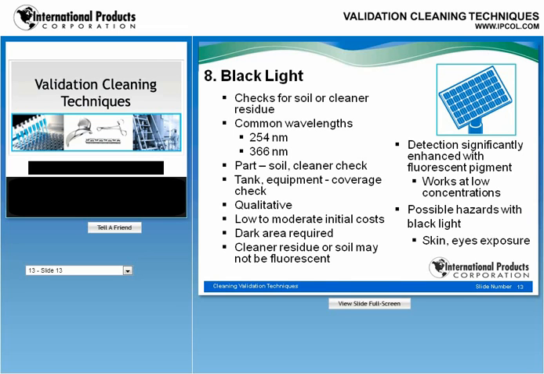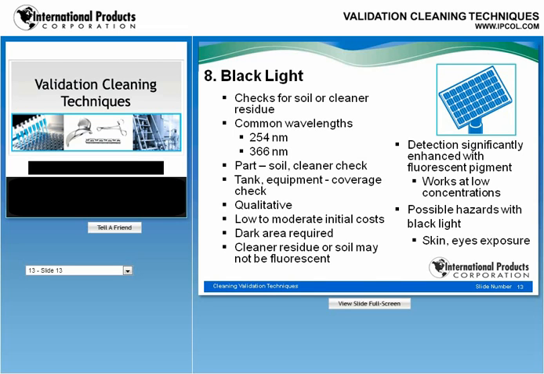These results are qualitative, and the costs are low to moderate depending on the black light that's purchased. You do need a dark area to evaluate the parts. At times, cleaner residue or the soil may not be fluorescent, which is required to see on the parts.